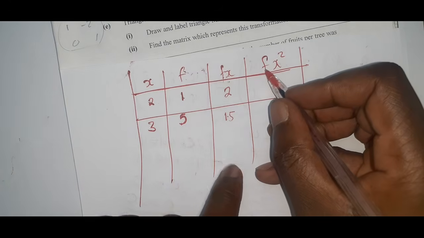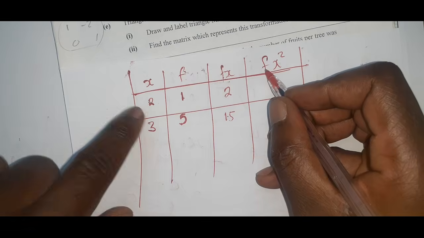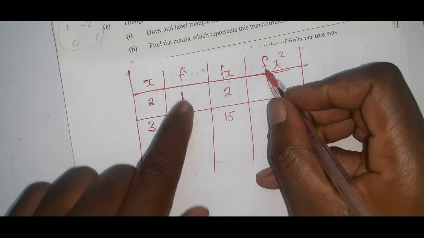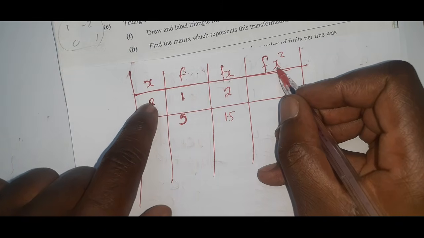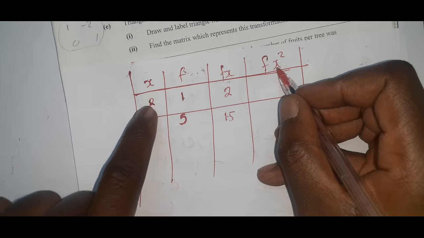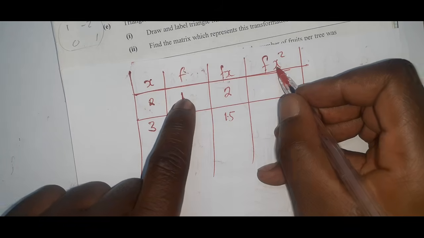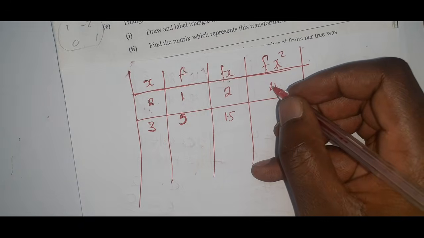Then here we want f multiplied by x squared. F, which is 1, multiplied by x squared. X is 2. When you square this one, it will become 4. So 4 multiplied by 1, you're going to get 4.